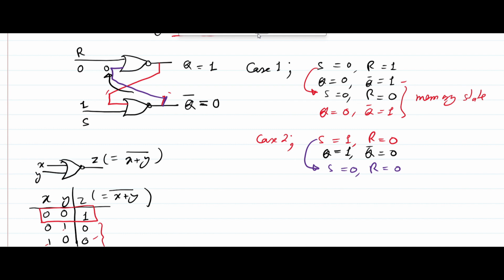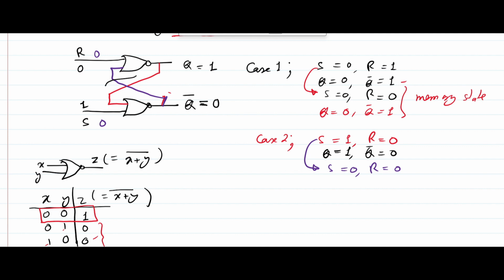So if I am removing all the input, what happens? This s is 0, r is also 0, and my previous output was q is 1 and q bar 0.